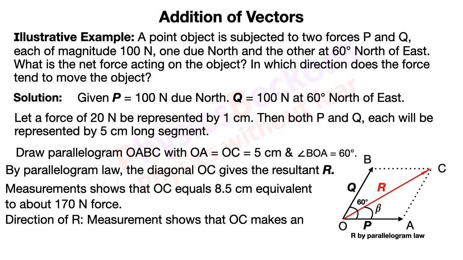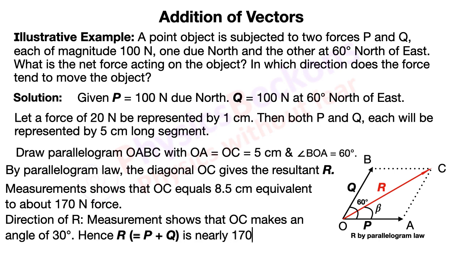If you measure angle beta, you will get the direction. Measurements show that beta is equal to 30 degree. Hence, R, the resultant, or P plus Q, is nearly 170 Newton at 30 degree northeast.